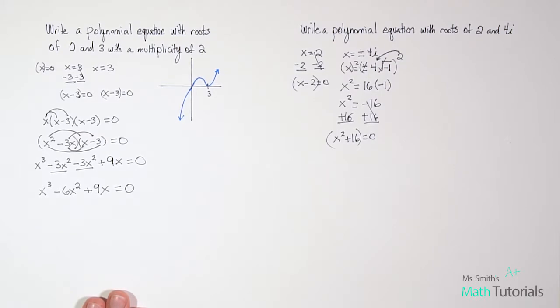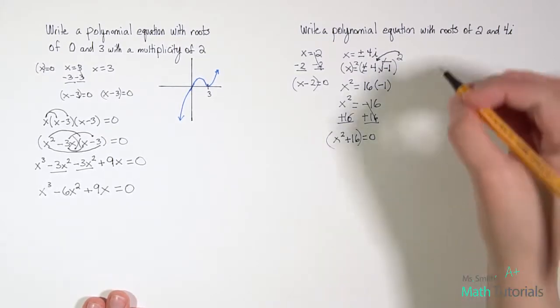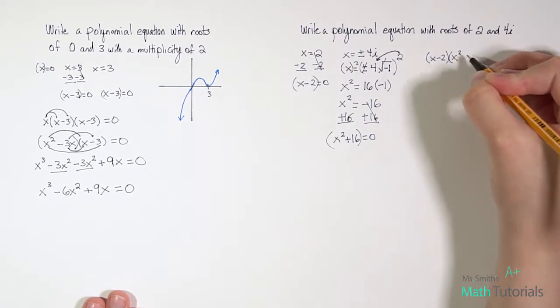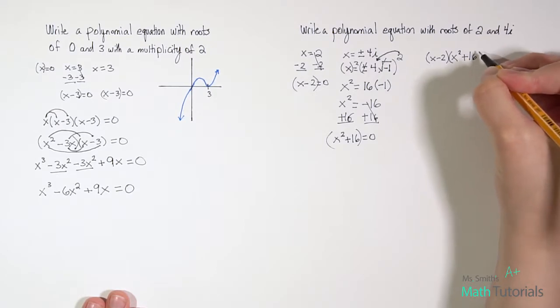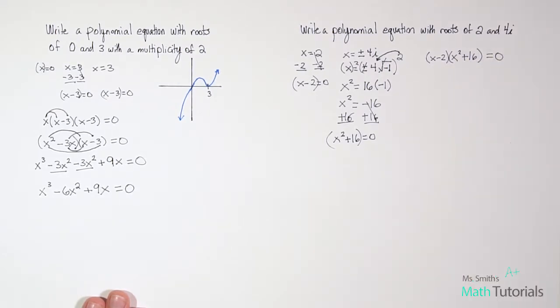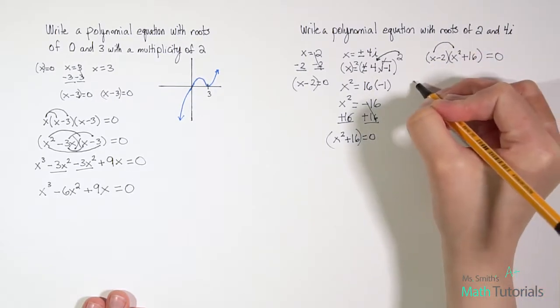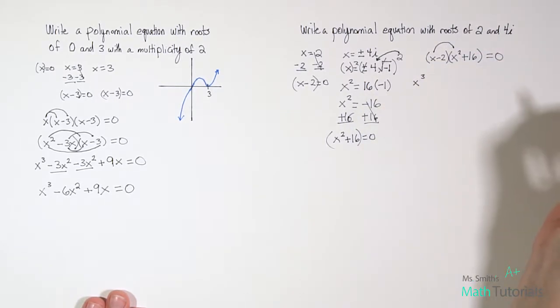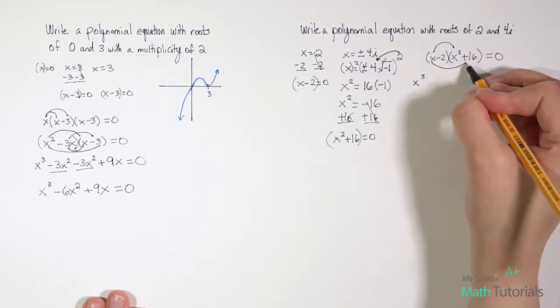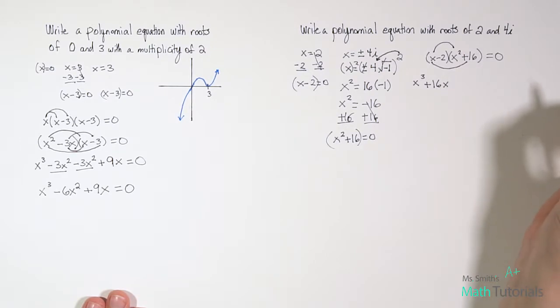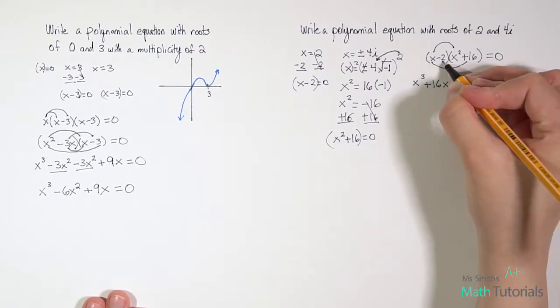Okay, so then our next step is we want to multiply these factors together. So we've got our x minus 2 times our x squared plus 16 equals 0. And we can definitely FOIL this because it is a binomial times a binomial. x times x squared gives us x cubed. And then x times positive 16 gives us positive 16x. Negative 2, we're doing our inner now.